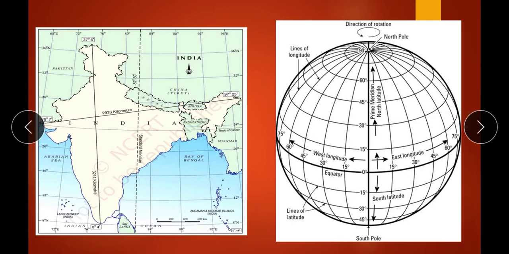And India's most southern point is known as Indira Point, and that point is located in the Nicobar Island group, this one, and the degree of Indira Point is 6 degree 4 minute north. Got it? So which point is the most southern point of India? Indira Point, that is located in Nicobar Island.